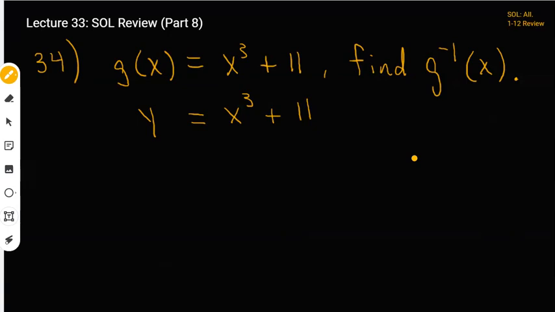The next thing that I want to do is switch the x and the y. Everywhere I see a y, I'm going to put in an x. Everywhere I see an x, I'm going to put a y. So this is going to become y cubed plus 11. But everything stays the same.